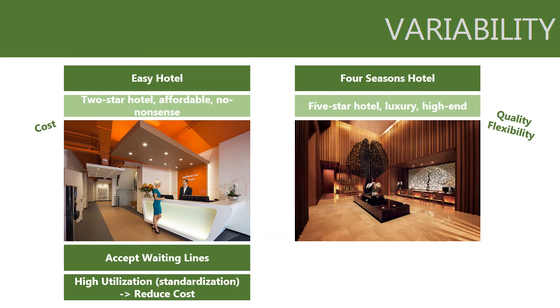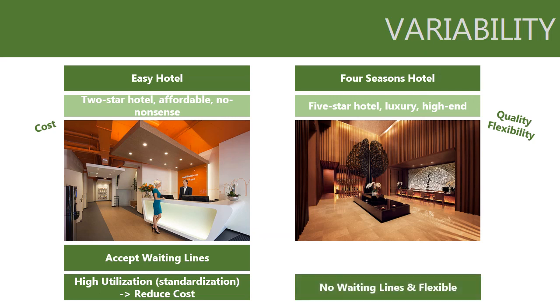In this luxury hotel, guests don't want to wait in order to be checked in or checked out. They want to be able to ask multiple questions and have flexible processes at the front office. They are willing to pay a higher price. That also allows the company to have higher costs, and therefore they allow a low utilization, making it possible to serve the guests to their needs.